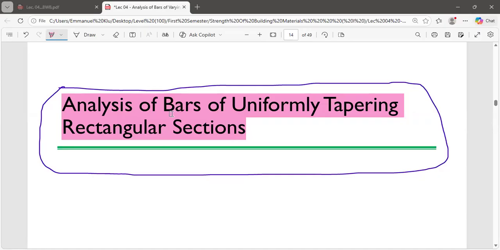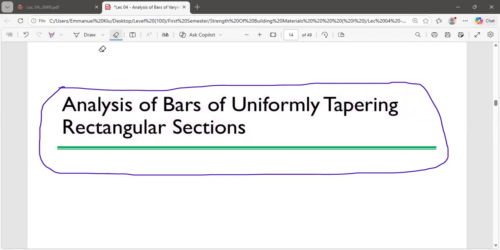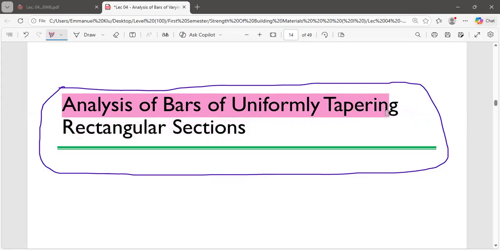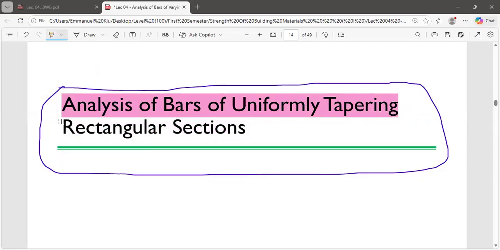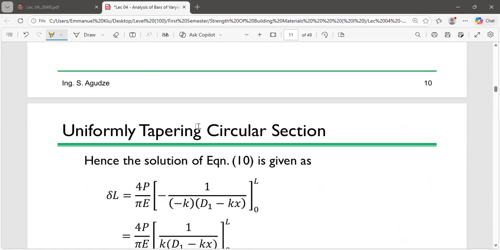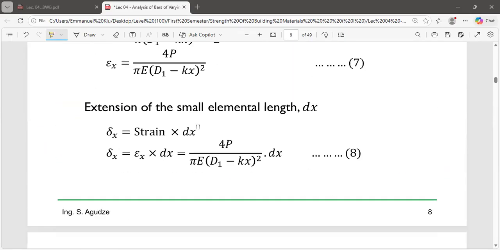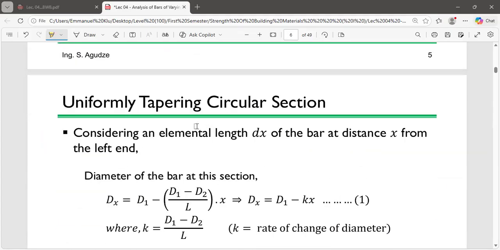But in this case, you see where we are putting the main focus: rectangular sections. So I'll highlight rectangular sections differently so that you get a clear difference of the two.